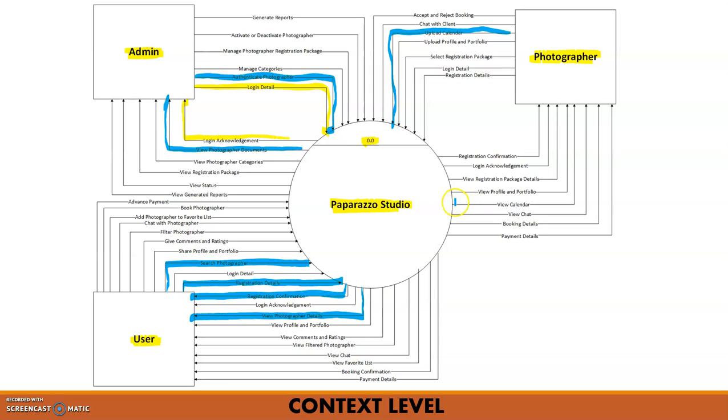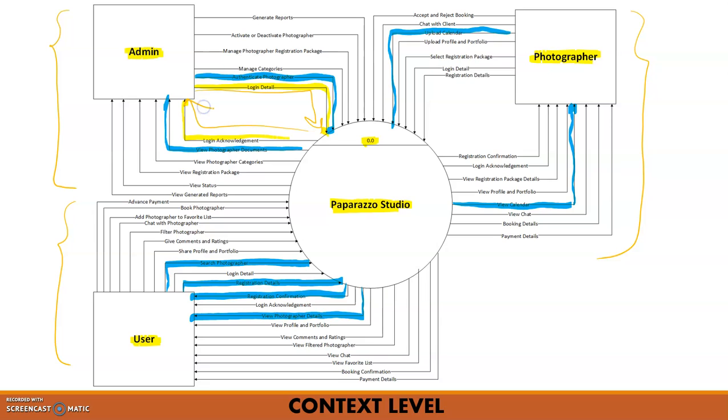And the system can give the details of the calendar. So this is the way you need to mention each and every process associated with each entity, right? Always make sure that if you are inputting something to the system, the system will always give you an output, right? This we have already studied in the illegal processes.